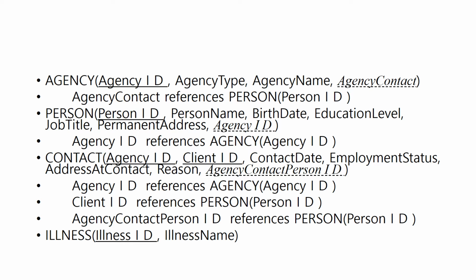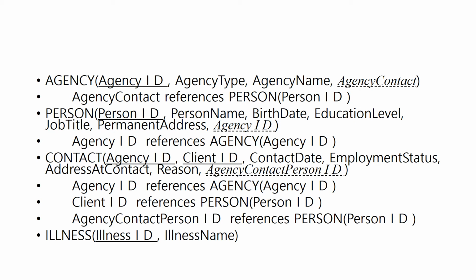Person table: person ID primary key, person name, birth date, educational level, job title, permanent address, agency ID. So person ID is primary key, agency ID foreign key. Agency ID references the agency table, agency ID. Contact table: agency ID, client ID. These are a composite primary key.